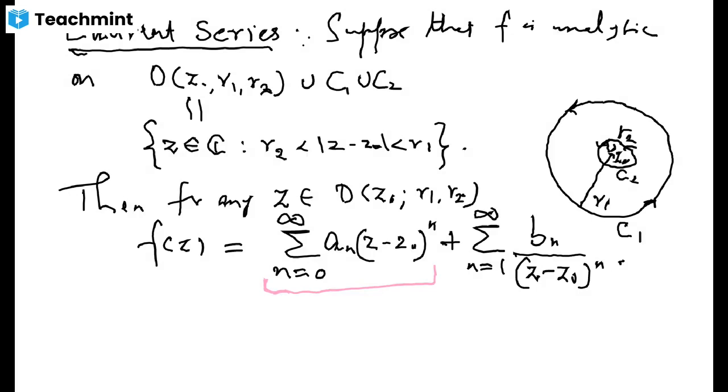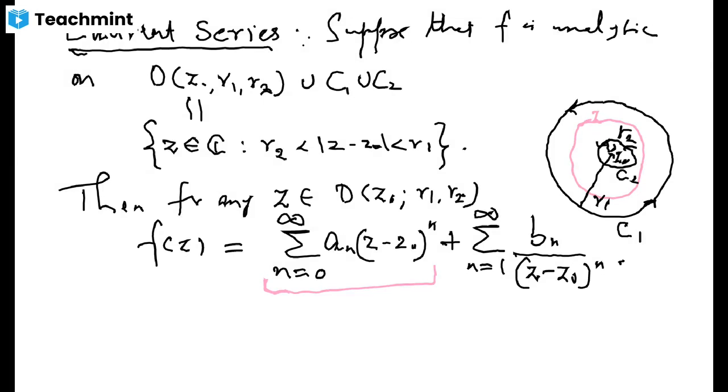This is also a power series, and it is convergent once you assume the Laurent series theorem. You know about power series: once it is convergent at a certain point z, it is convergent at every point inside whatever circle you draw passing through z.